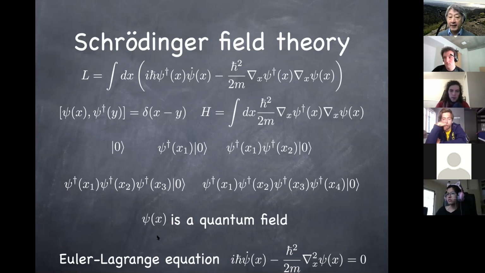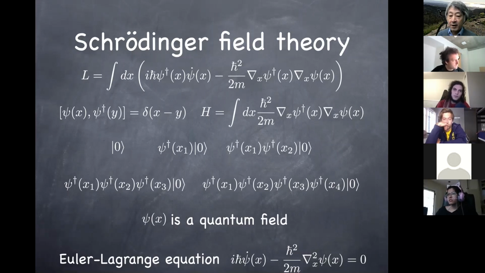And so it turns out that you can talk about the eigenstate of psi of x as well. But the distinction here is that psi of x itself is not a state, it's an operator. And that's a major distinction from quantum mechanics, where the wave function psi of x represented a state. Here it does not. Psi of x is still an operator.